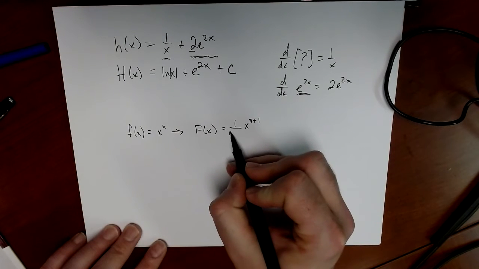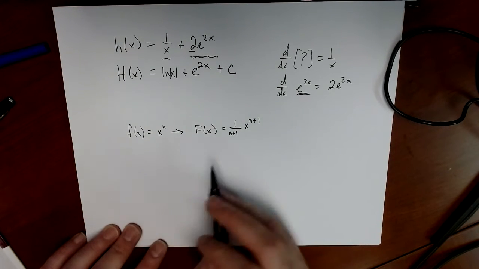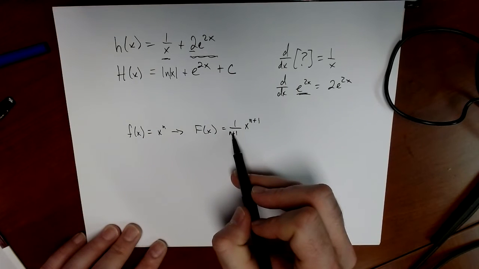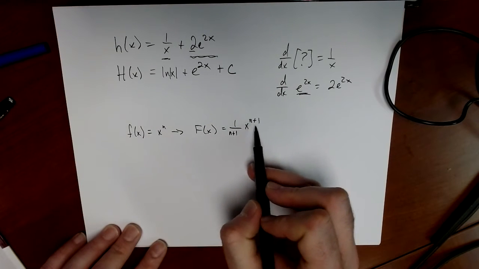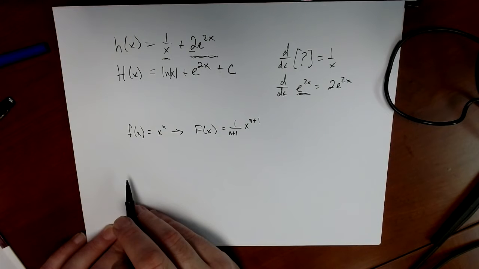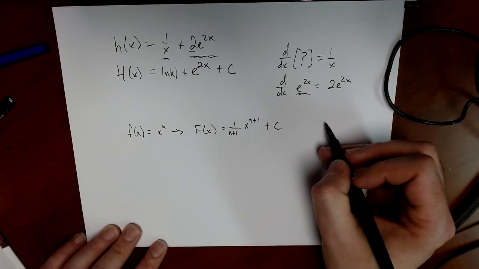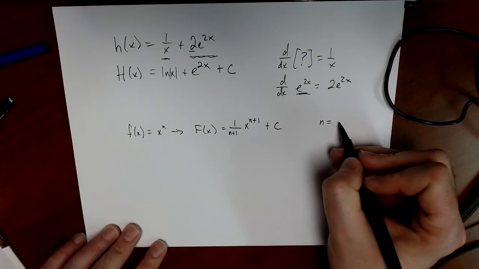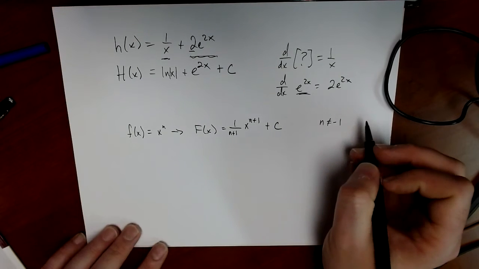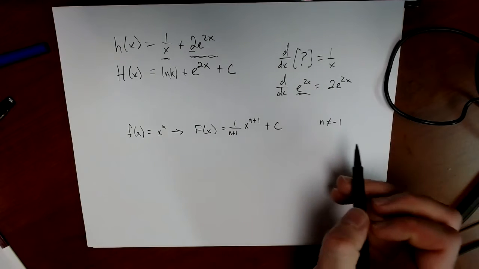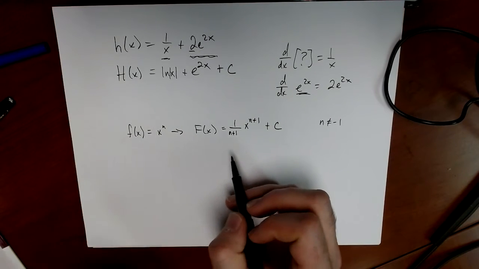So I'll divide by it there. And so now take the derivative of this, the n plus 1s would cancel, and I'd have just x to the n, plus c. This is for n not equal to -1, because that doesn't exactly work here when we can't divide by 0.